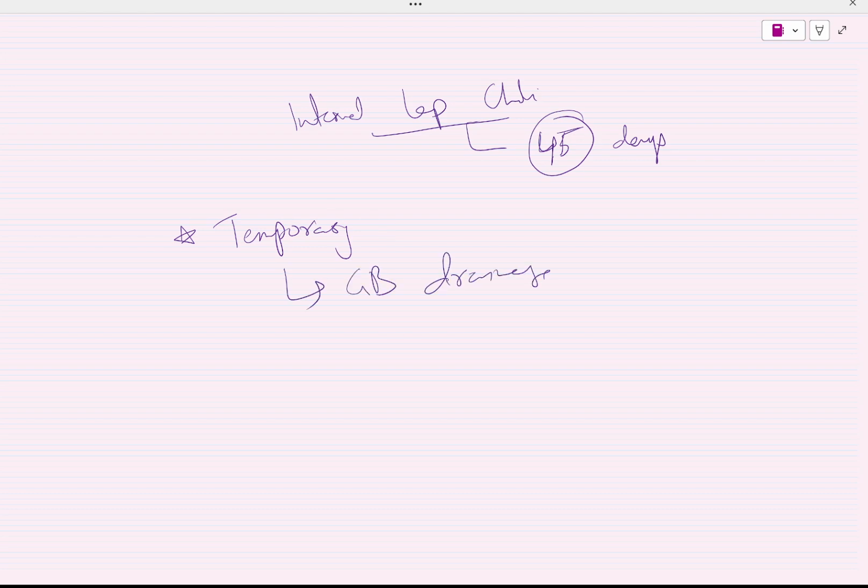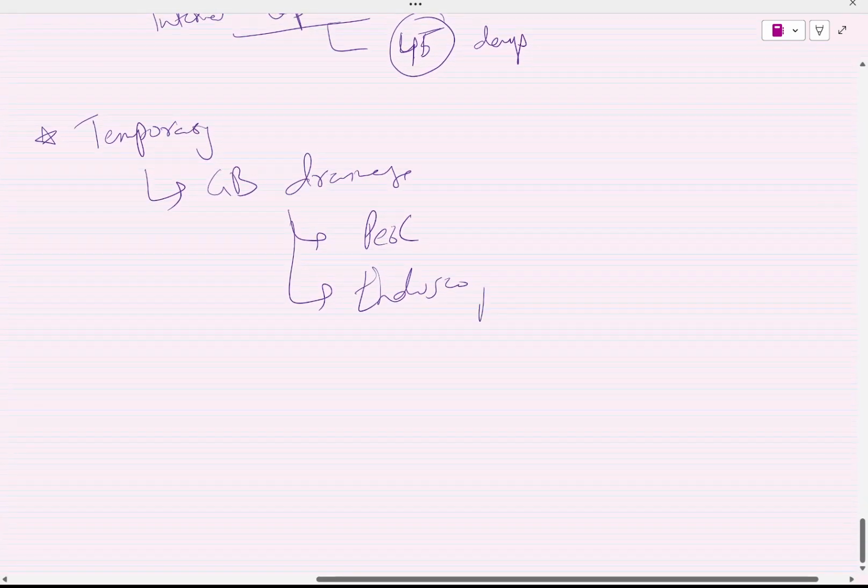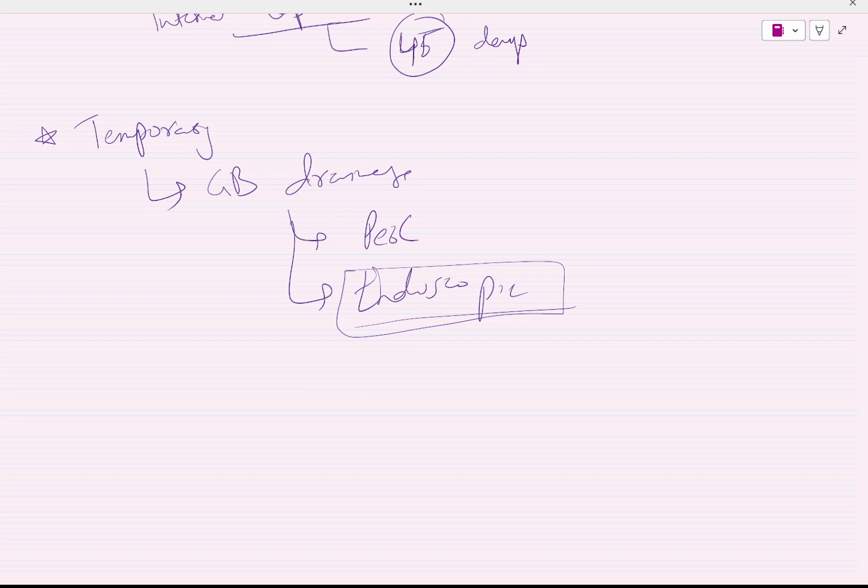There are two methods: first is percutaneous and second is endoscopic. In endoscopic, we place a gallbladder stent and do drainage of bile. An expert is required in such a procedure.